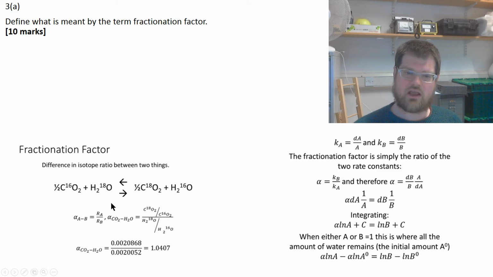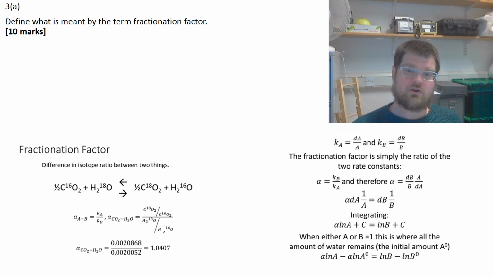You wouldn't have needed to write out a full isotope exchange equation here, but if you're going to write alpha, do define it as the fractionation factor, the isotope ratio in one phase divided by the isotope ratio in another phase. You could have maybe given an example that they're usually quite close to 1, but that would have been additional and not entirely required.